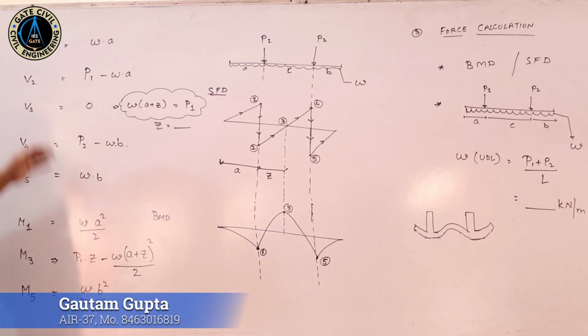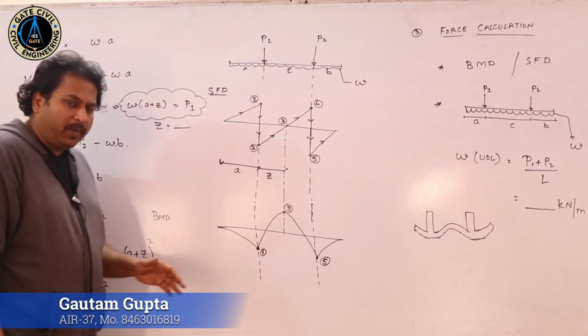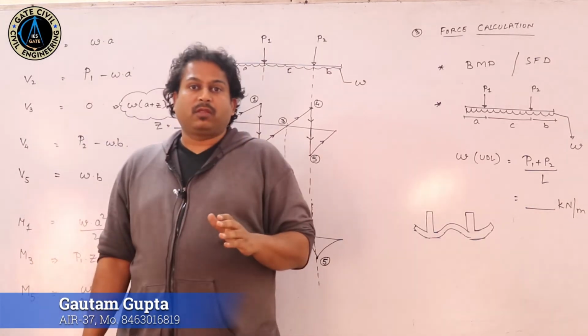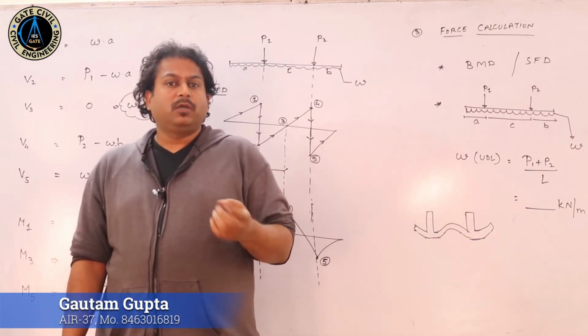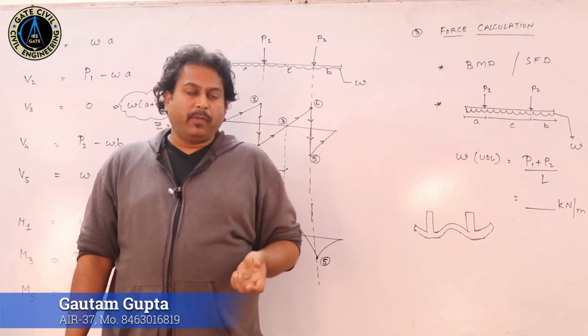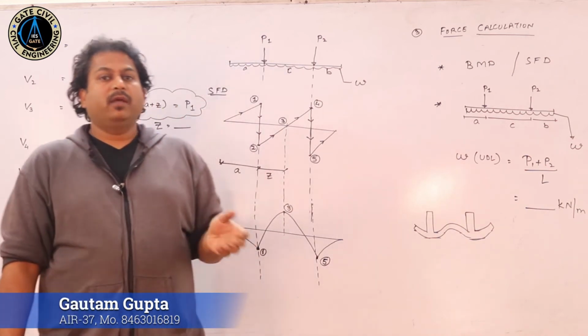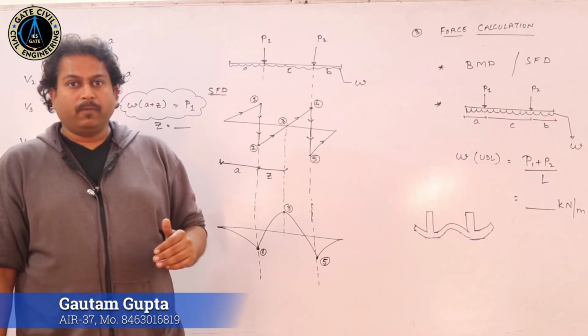So these are the values of the shear forces and the moment values at different points. These shear forces and bending moments will be utilized for calculation of one-way shear, two-way shear, maximum moment, and finally the reinforcement value.